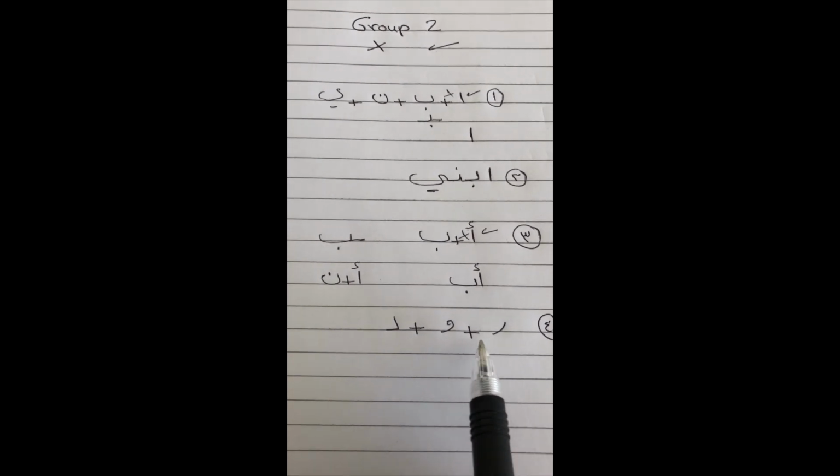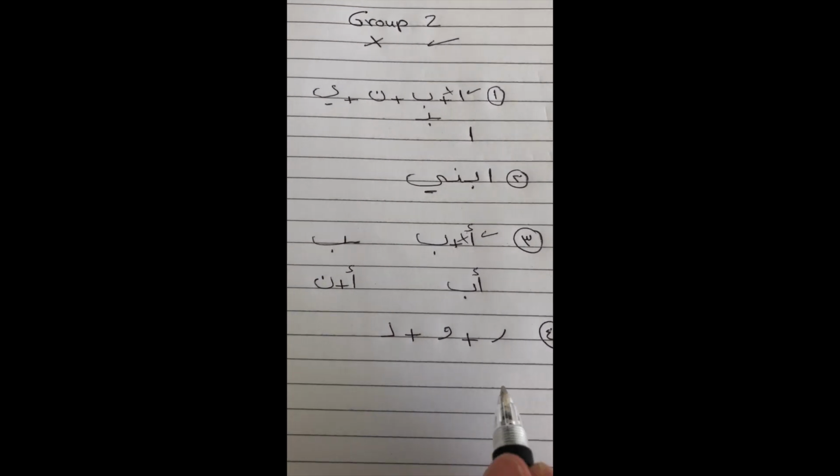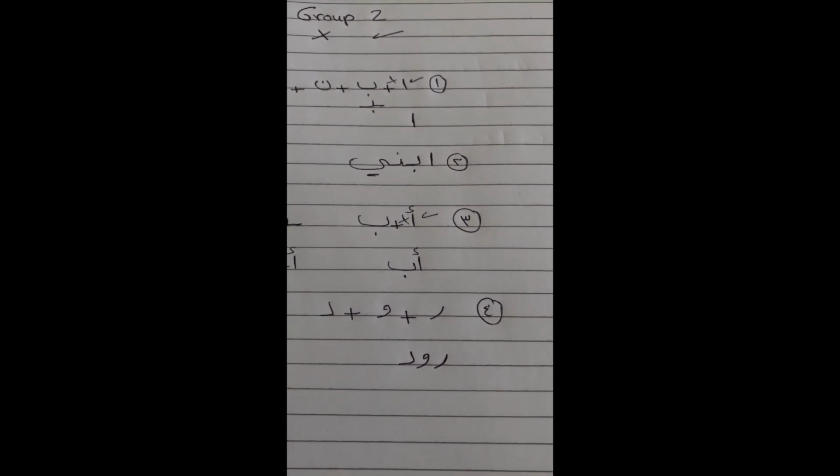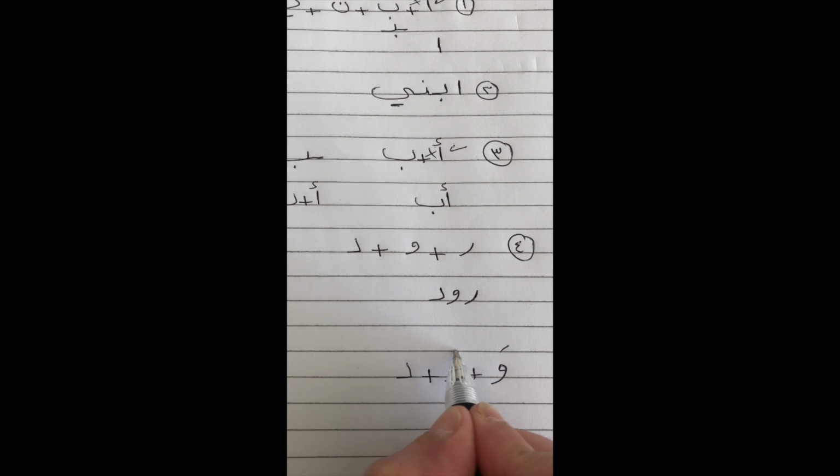This is an easy case because all I have to do is just to get those letters close to each other. Or another example, a word that makes sense. Waw plus Ra plus Dal is a word. That's flower. Flowers.